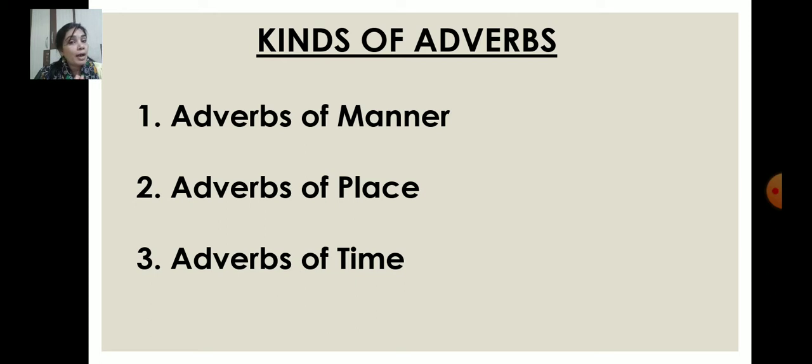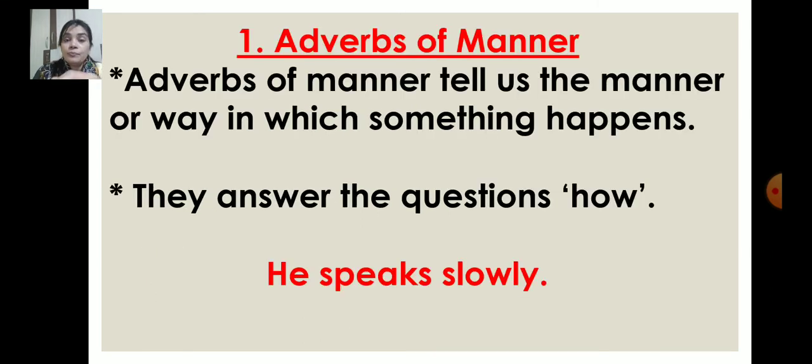Adverbs of manner means how. Adverbs of place means some place will be mentioned in the sentence. And adverb of time.